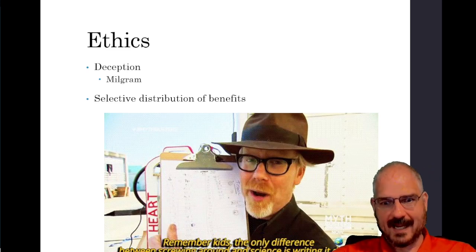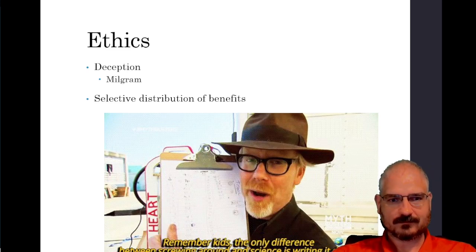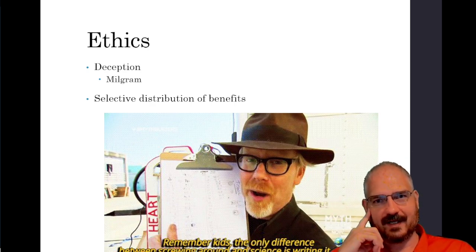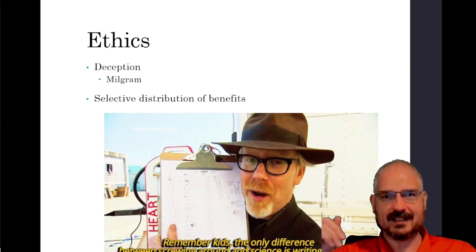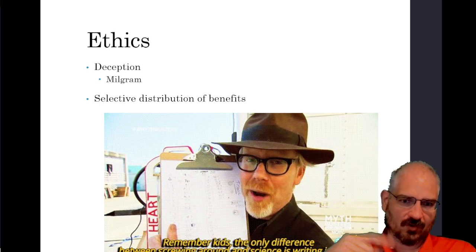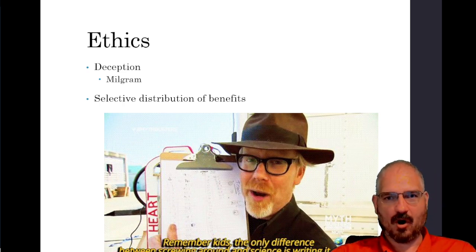All right, so I wanted to end with these two things. Number one, deception. And we're going to talk more about this in a later section, but deception is a really tough thing. So you'll recall when I talked about the Milgram experiments earlier, part of that research required the teacher to be lied to.